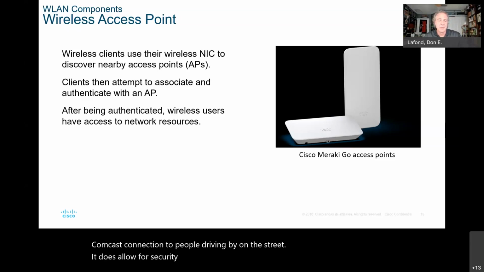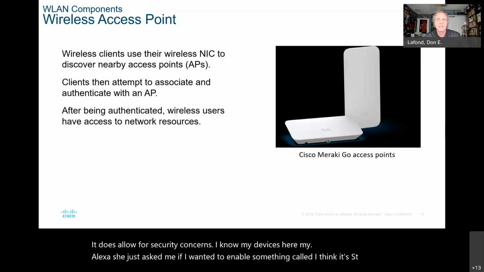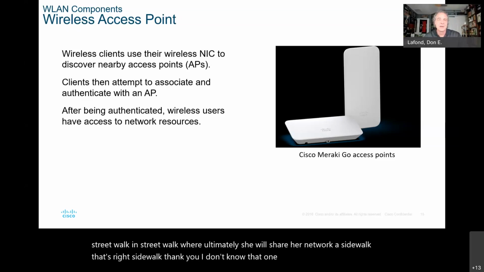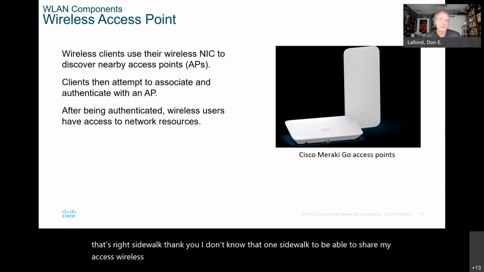I know my devices here, my Alexa, she just asked me if I wanted to enable something called, I think it's Street Walk, where ultimately she will share her network. Sidewalk, that's right, thank you. Don't know that one. Sidewalk, to be able to share my wireless access with people that may need it in my area.